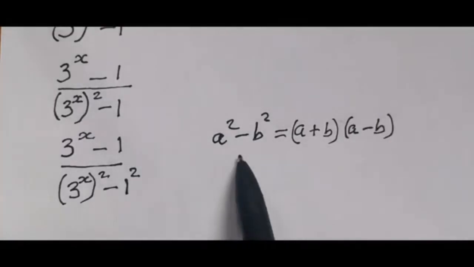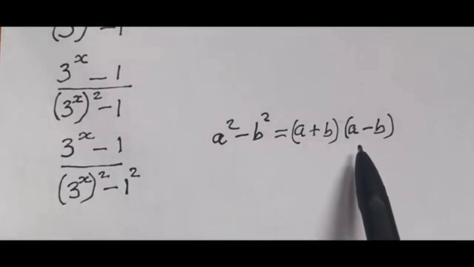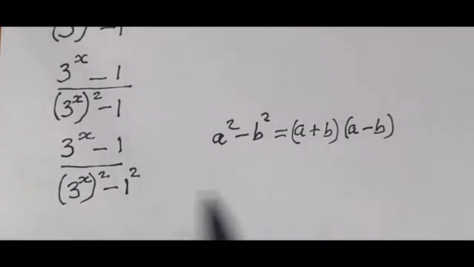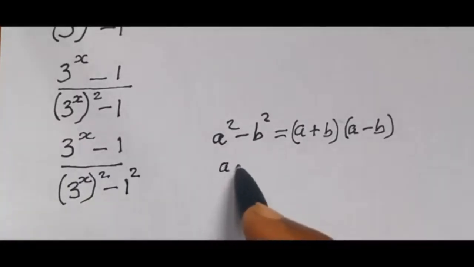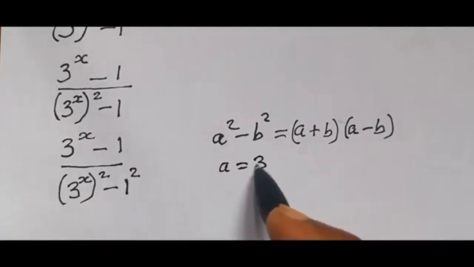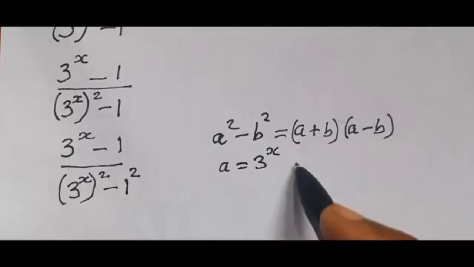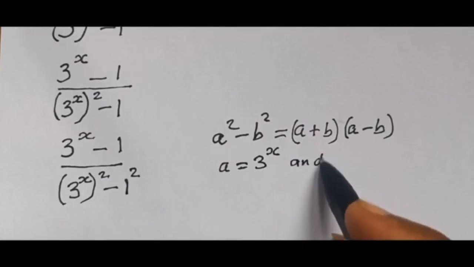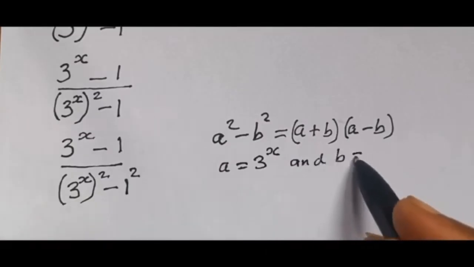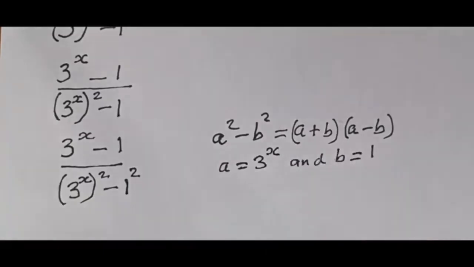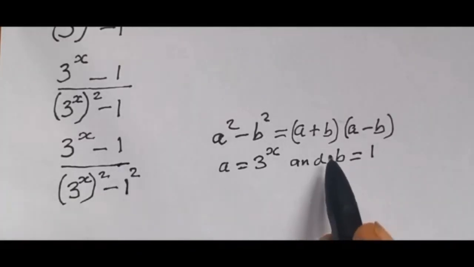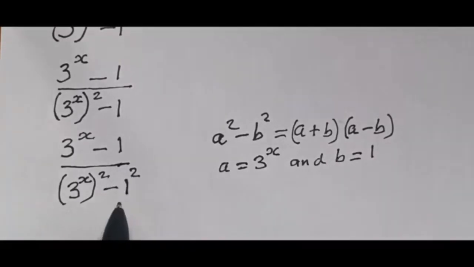So the same factorization method, which is the difference of 2 squares, will be applied here. Our a is 3 raised to power x, and b equals 1. So now let us apply this rule here in the denominator.